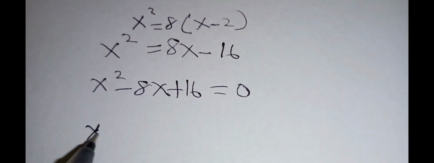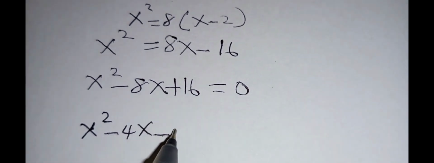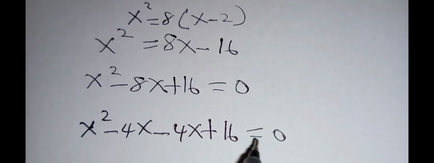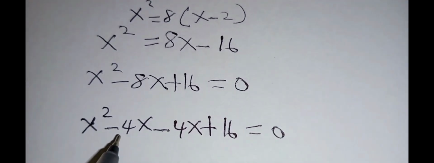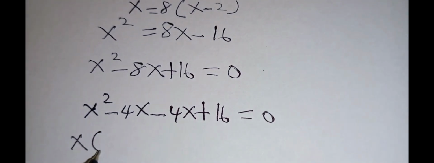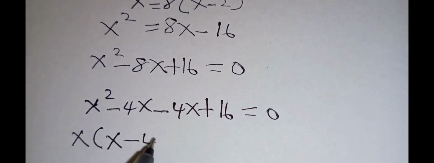The middle part can be written as negative 4x minus 4x plus 16. This is equal to 0. We can factorize the first two, whereby x is common. When you factorize x, x squared will be left with the x. From negative 4x, we will be left with the 4.